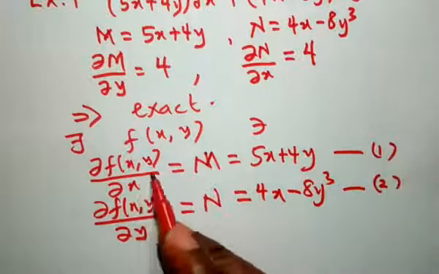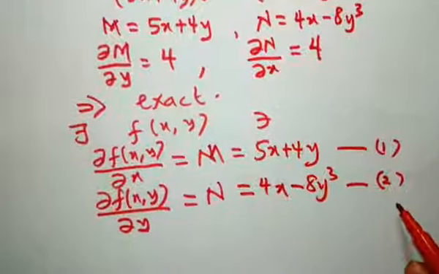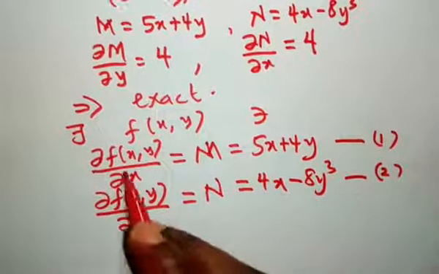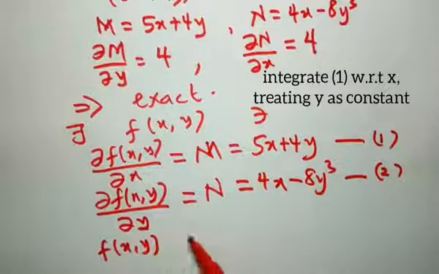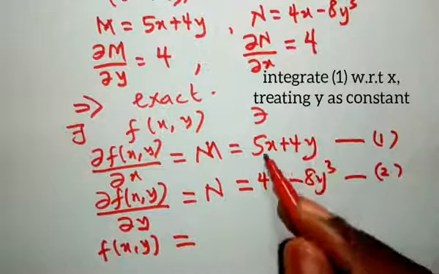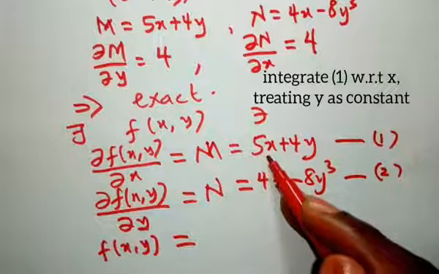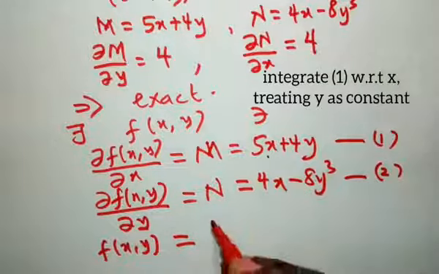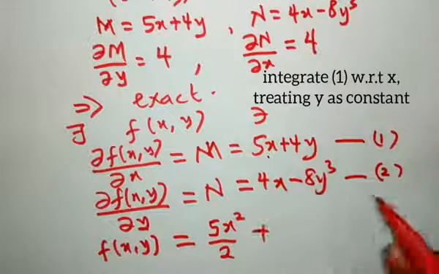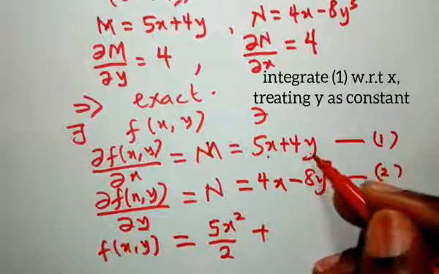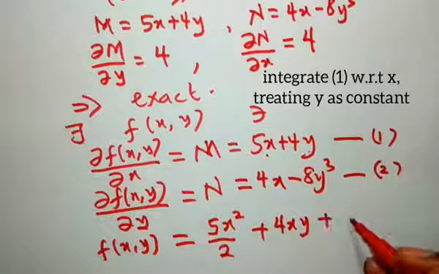And so to do this, we integrate equation 1 with respect to x and also integrate equation 2 with respect to y. So if we integrate equation 1 with respect to x, we will have f(x,y) equals, integrating with respect to x, that is, we are treating y as a constant. 5x with respect to x gives us 5x squared over 2, plus integrating 4y with respect to x gives us 4xy, plus an arbitrary constant.